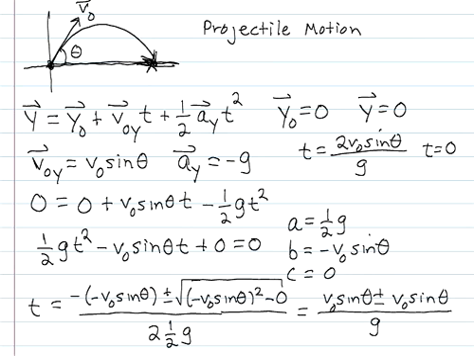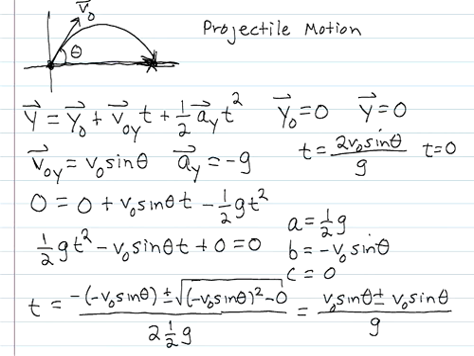So what do these two times correspond to physically? t equals 0 is the time when the object was on the ground, over on the left side, right before it was launched. And the other time, 2 v sub 0 sine theta over g, is the time when it's on the ground after it's flown through the air, when it hits the ground on the right side. So these two times are physically real.